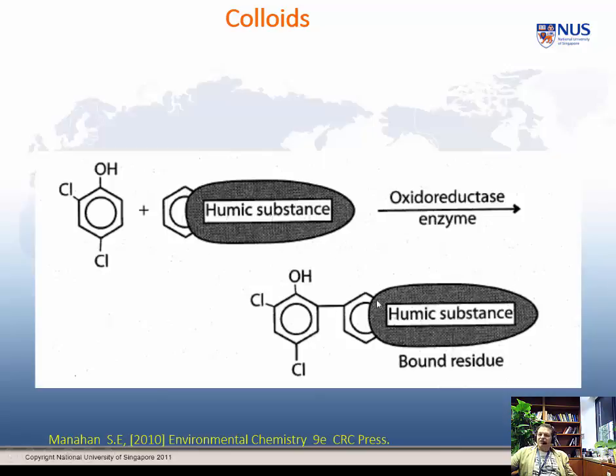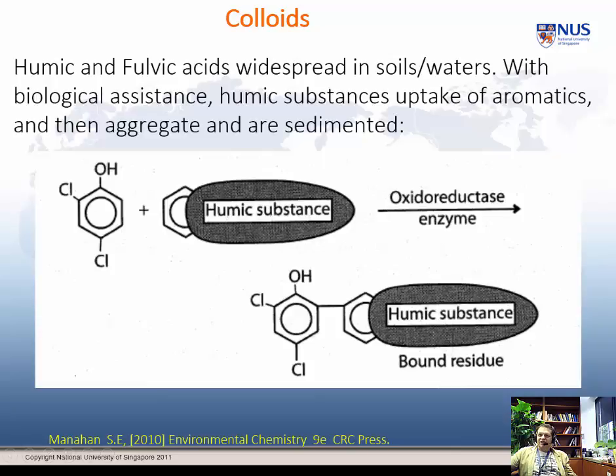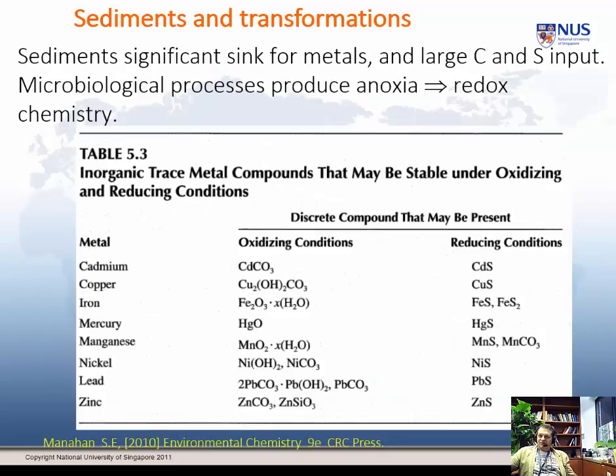So again, when this happens, you form colloids, and eventually this material is dumped in the estuary. Quite glad those sort of processes occur, really. Certainly protects the oceans. That means that sediments are significant sinks for metals.